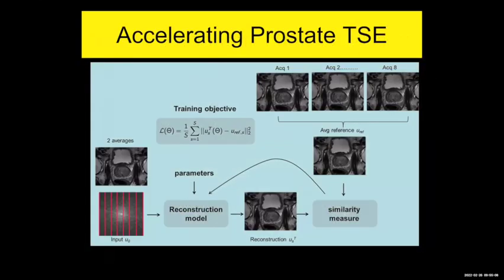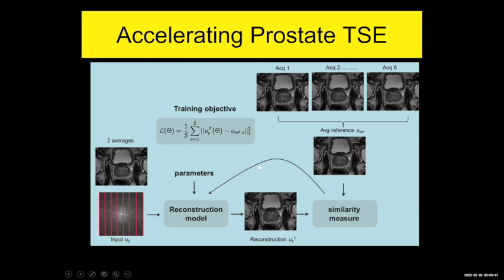So that example I showed you of prostate images, where we're acquiring 8 or 10 averages to reconstruct images that result in a 15 to 20 minute acquisition time to get a target image. Here, instead of using all 8 averages, we can train a network where our input is undersampled images in undersampled k-space from 2 averages. So this is a 4-fold acceleration. The output of the network is then compared with our target image, and we penalize the difference.